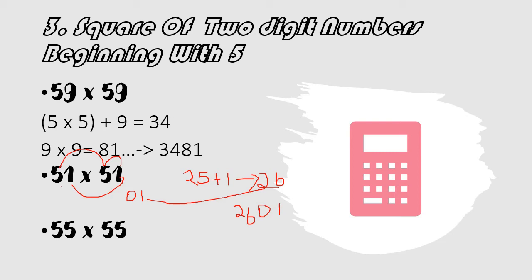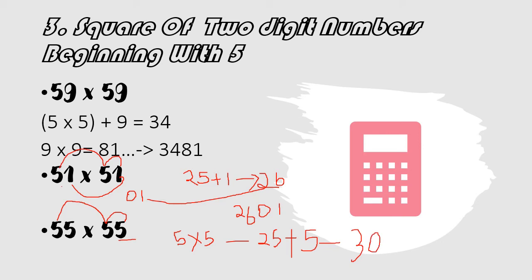55 into 55. How are you going to solve this? You multiply 5 into 5 and add the result with 5. 5 into 5 gives 25, and adding 5, you get 30.